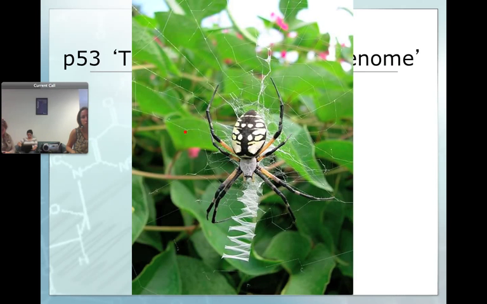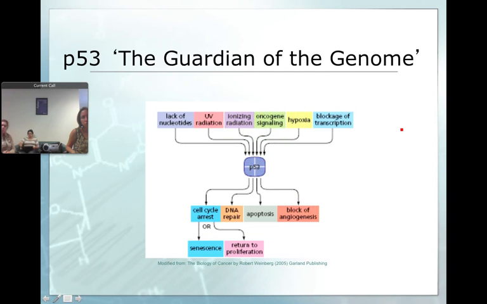So p53 acts the same way. So picture our p53 here in the middle. Here's our spider. And these are the things that p53 is sensing one way or another. I'll show you some ways it happens, not in great detail, but just so you understand why it's so critical.